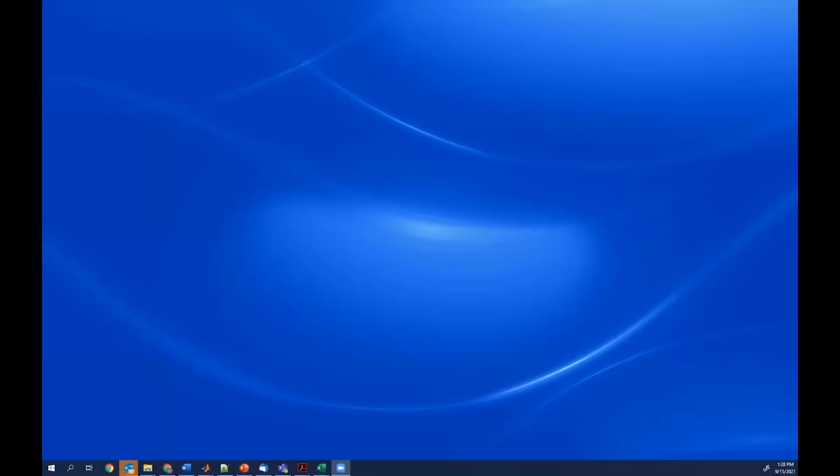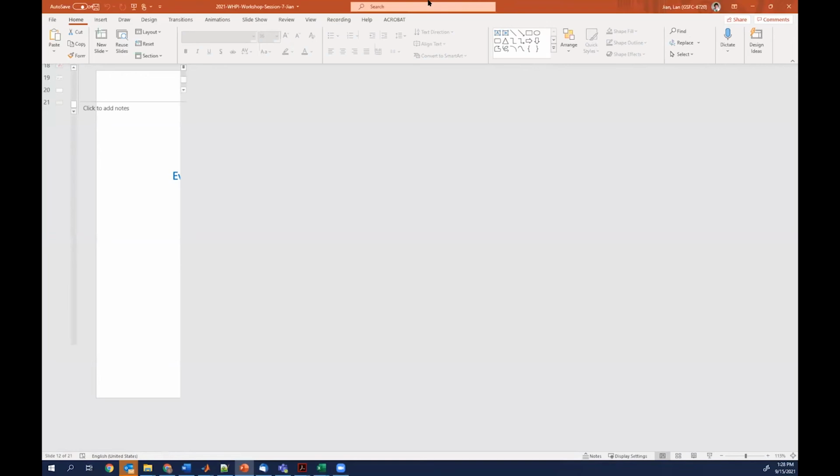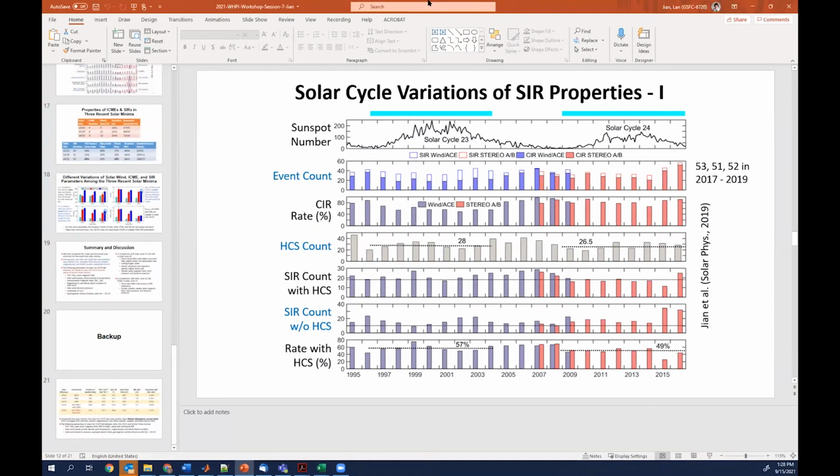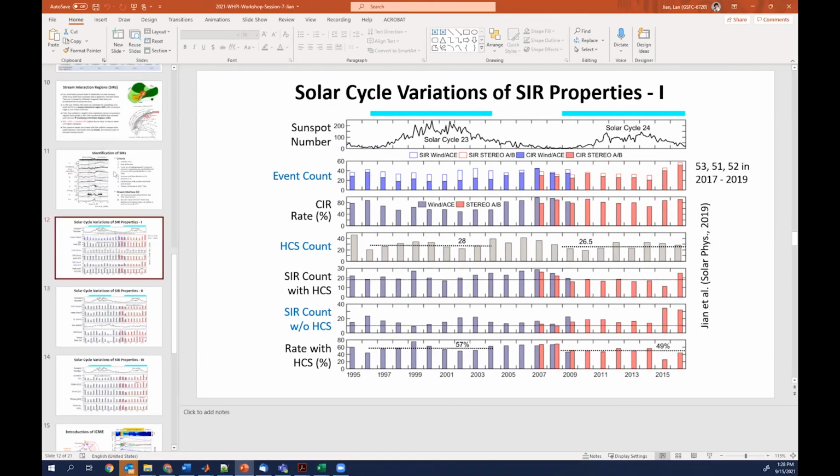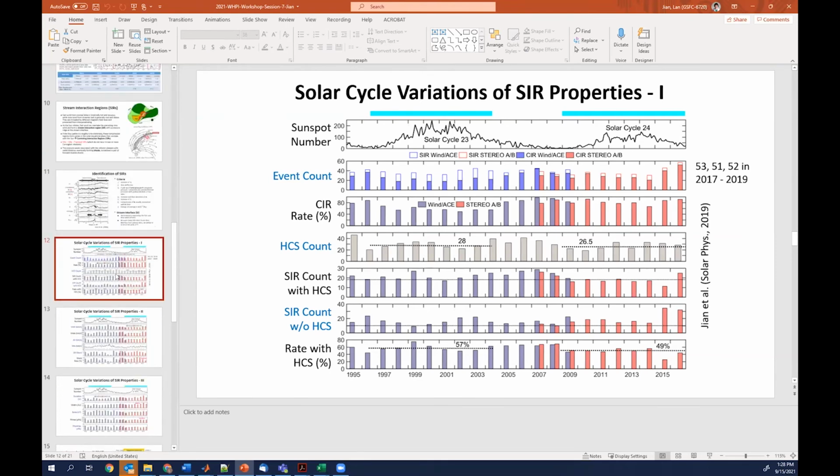During that time period, it looks like the STEREO numbers were systematically underestimating the values from Wind and ACE. Yeah, exactly this one. Mm-hmm. So in the second panel, event count 2007 to 2009, where they overlap, you're getting consistently higher counts from Wind and ACE. Do you know why that is?